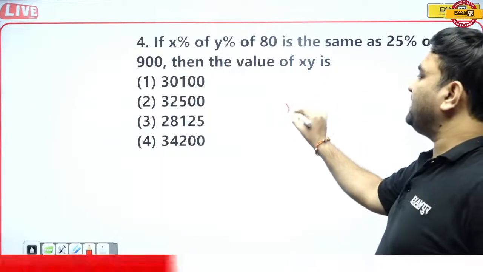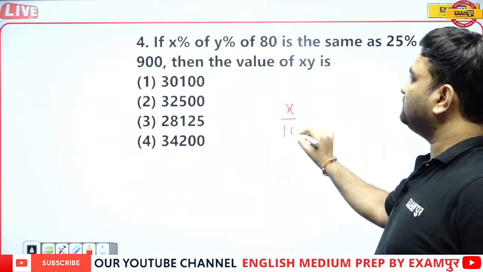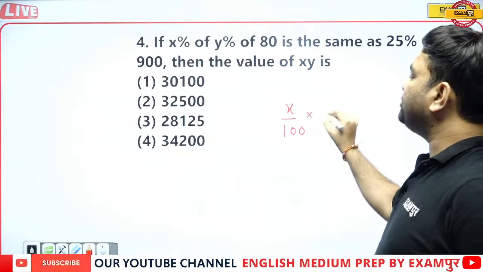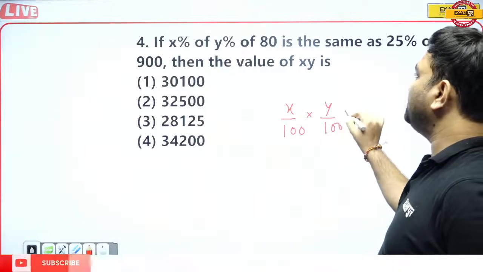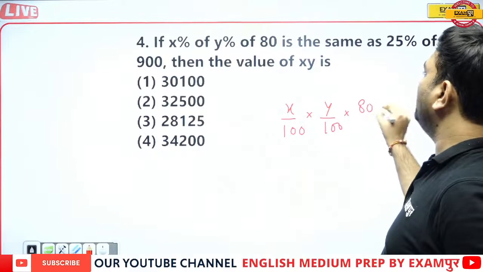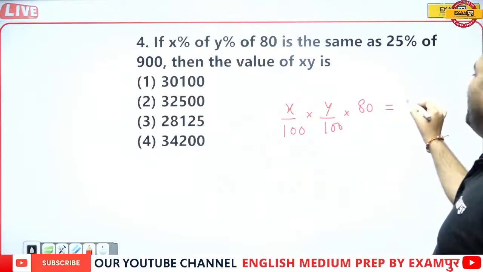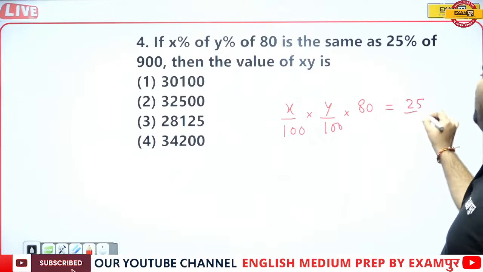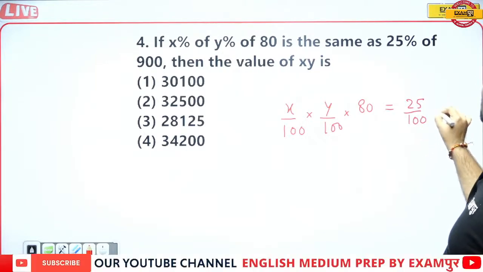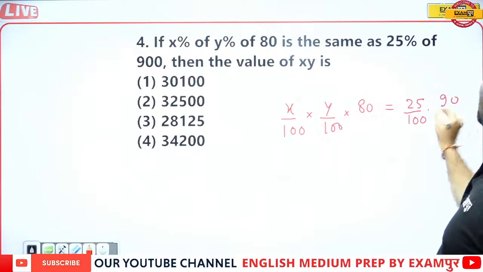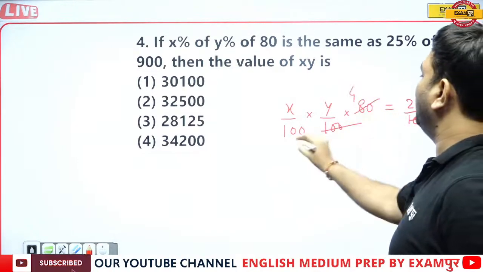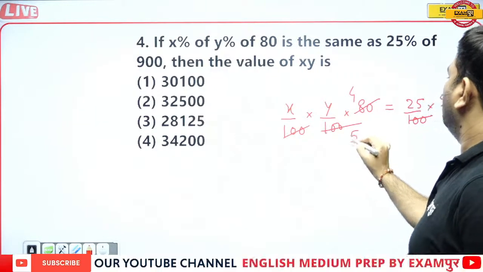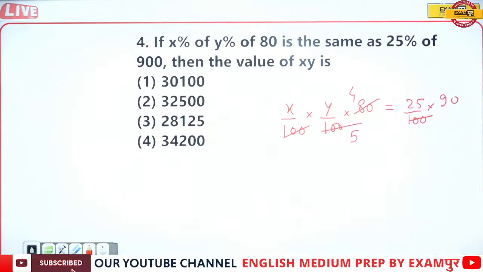X percent is X by 100. Of means multiplication. Y percent means Y by 100. Of 80 is equal to 25%, 25 by 100 of 900. 4 times, 5 times.